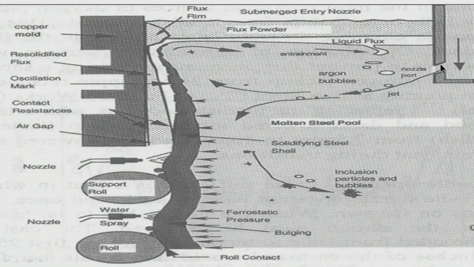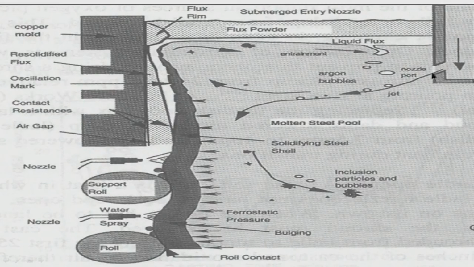Moreover, the liquid steel is coming out from these ports. So, if there is not enough submergence, there will be too much turbulence at the top, at what is called the meniscus. At the meniscus there is a problem. So, this is called the submerged entry nozzle.